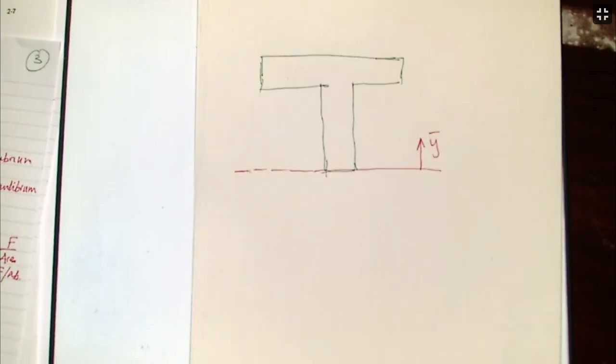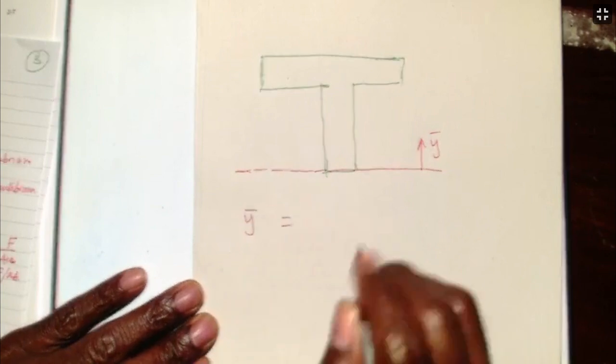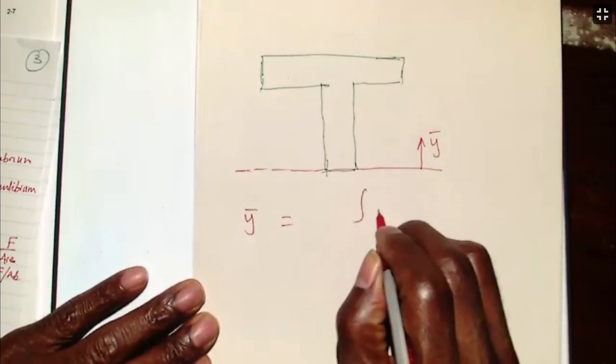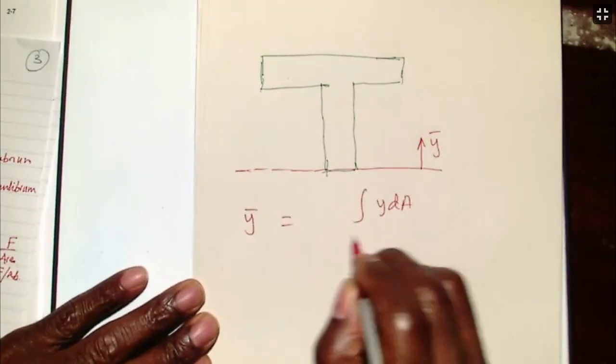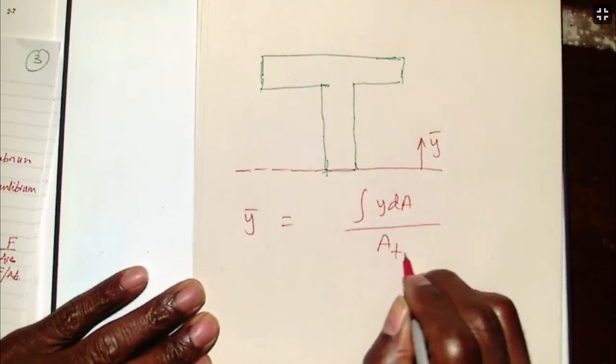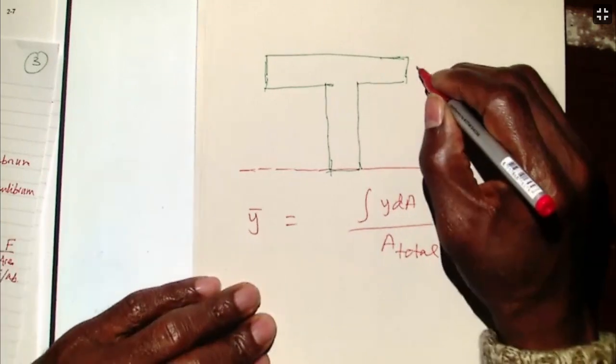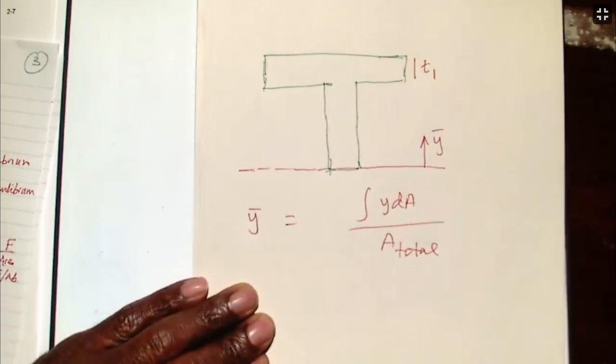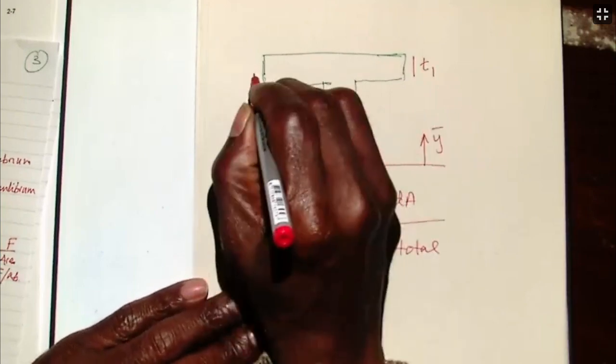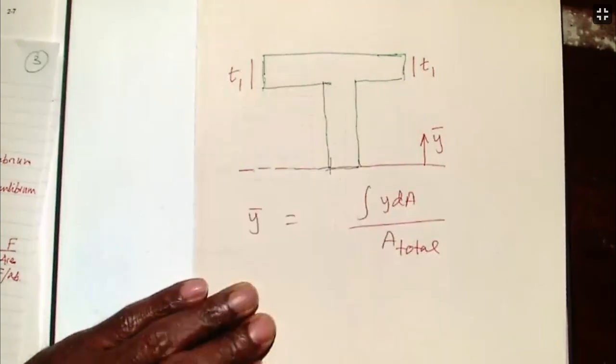So remember what the centroid is. That is my reference. So y bar is the integral of y dA all over A total. Let me call that T1, that's thickness T1, so this will also be thickness T1.